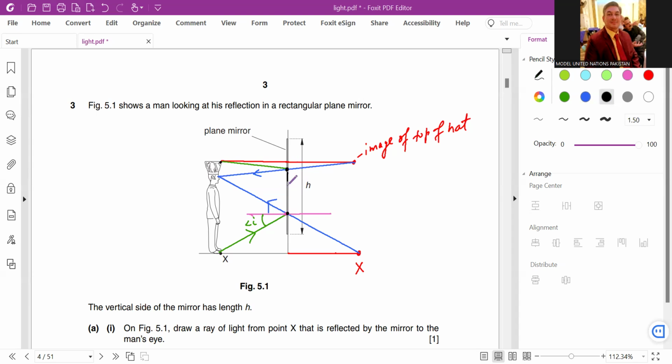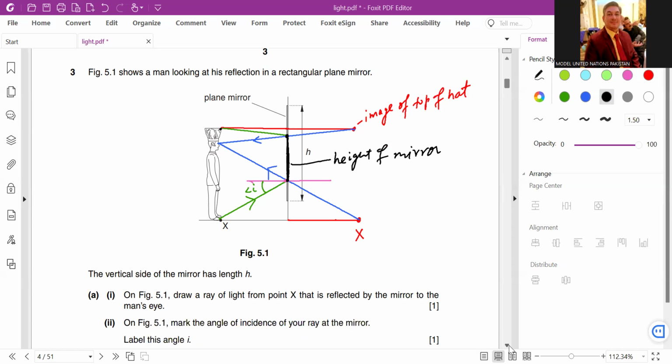This is the height of the mirror which is required to obtain the full image. I measure it with my ruler, and it is approximately 2 centimeters.